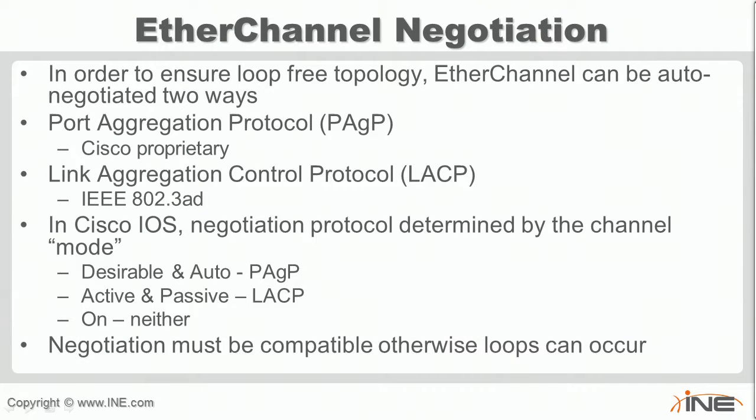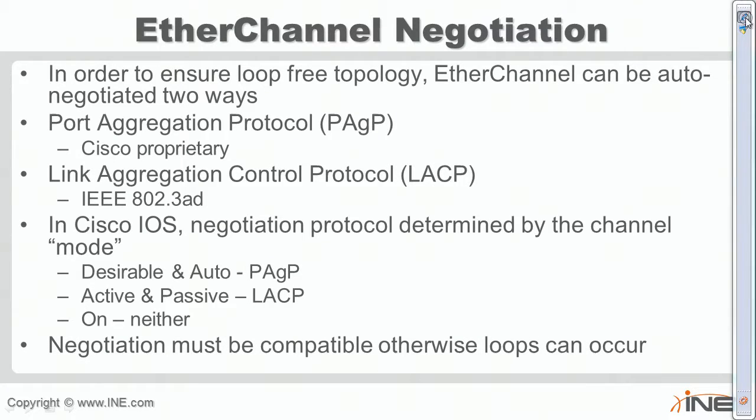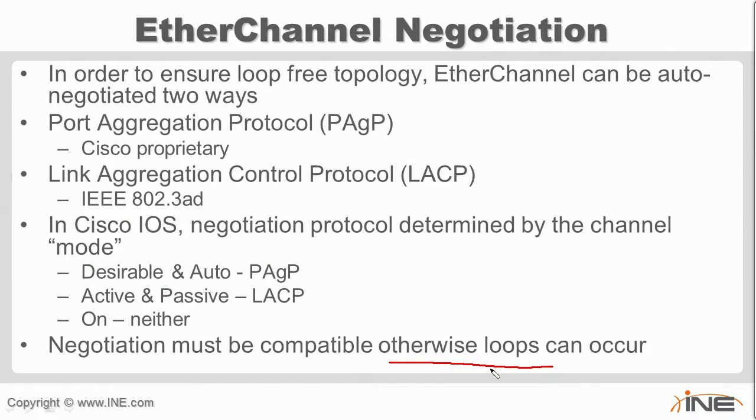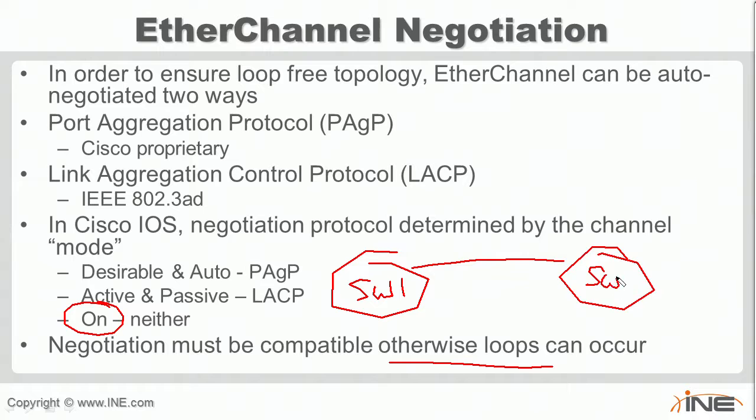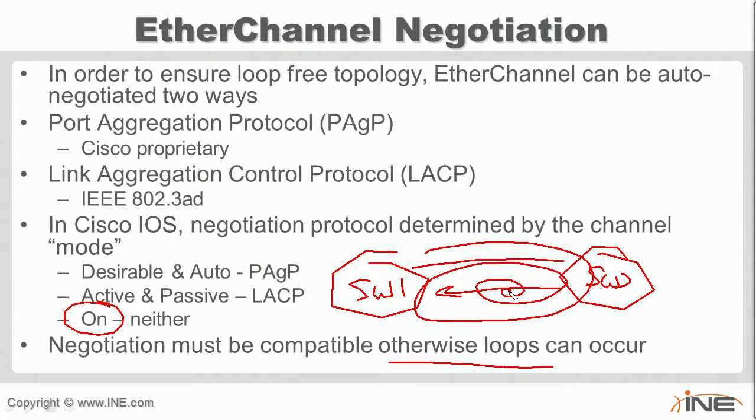The reason that you would want to use the negotiation is that it's going to help you to prevent any misconfigurations and any loops in the network. If I were to configure the channel as manually on, and then there ends up to be some sort of configuration problem, or maybe some sort of layer 1 problem, you can potentially end up in a loop in the network, where the traffic leaves one of the switches on one of the members of the channel, and then possibly comes back in another member, which then is ultimately going to loop the traffic between them.